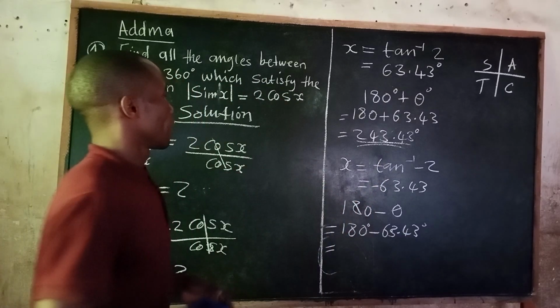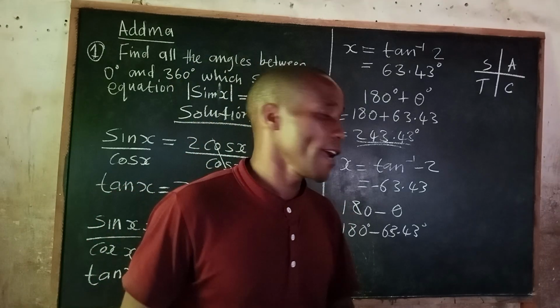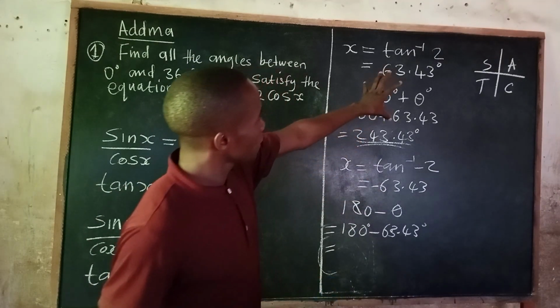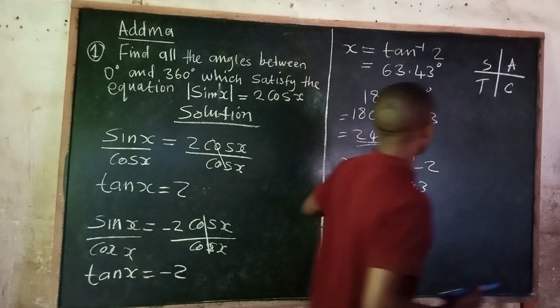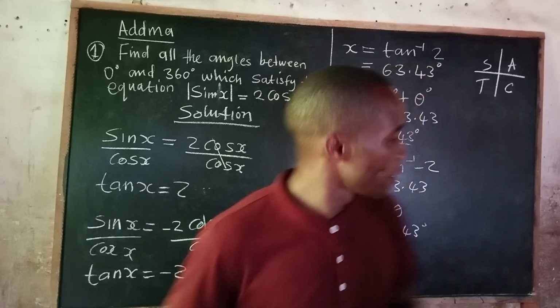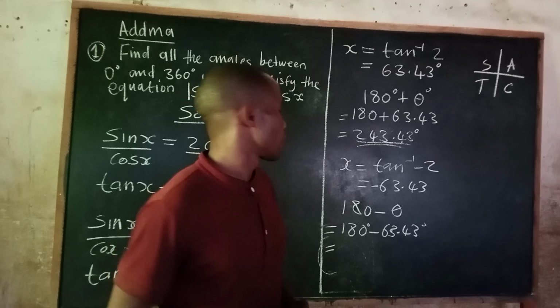What is the answer? This time around, this 63 is not part of the solution. Why? Because in the first quadrant there is no negative for tan. So that's the reason why this time the reference angle is not part of the solution.